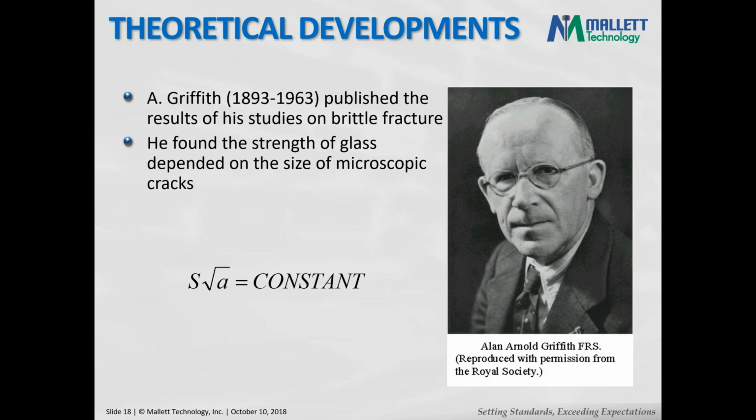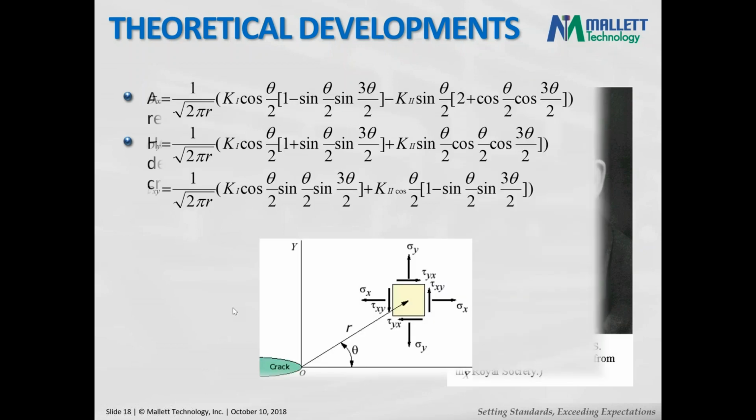And that's when there was heavy emphasis on fracture mechanics calculations, how the cracks propagate. Engineers, especially in the 1960s, started investigating this, with nominal stress times square root of a being a constant.